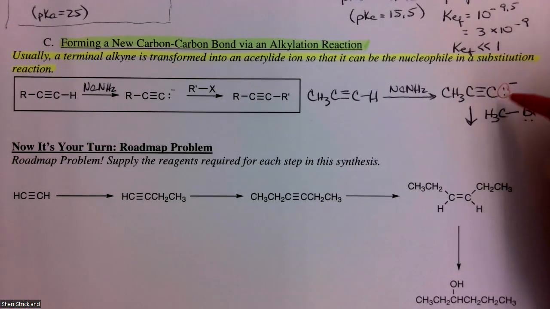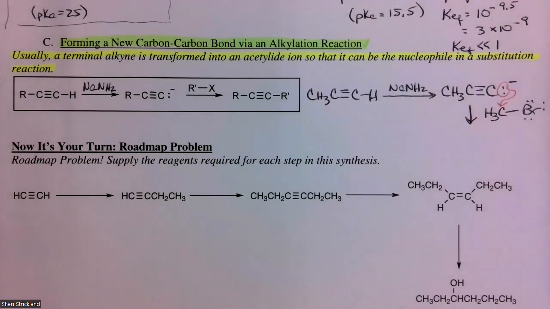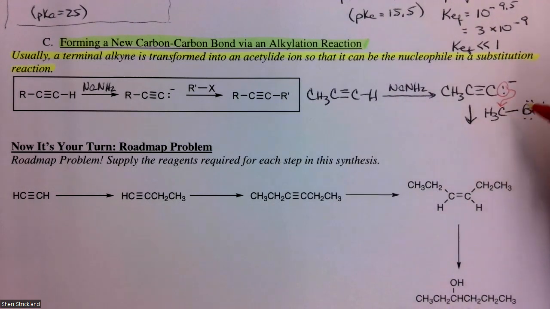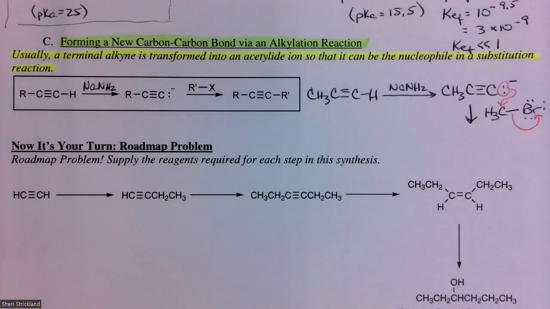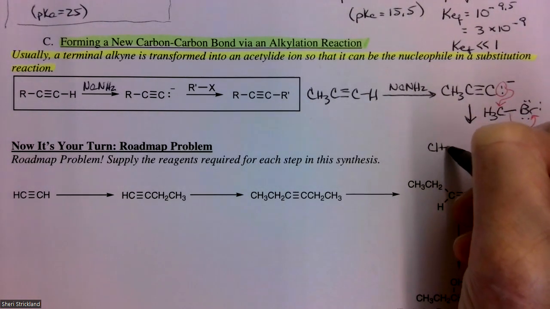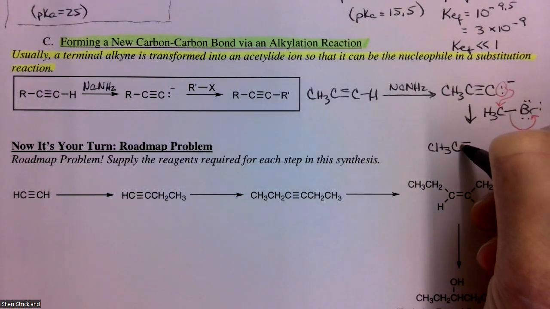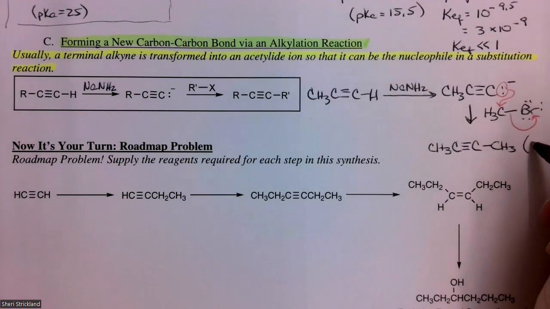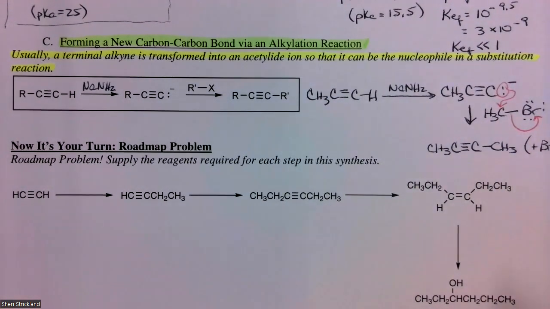And this is the nucleophilic atom on the nucleophile attacking the electrophilic atom on the electrophile. Bromine's more electronegative than carbon. Carbon has a partial positive. We're going to break that bond, and we're going to end up with taking our propyne and turning into 2-butene. And then we'd have Br minus.